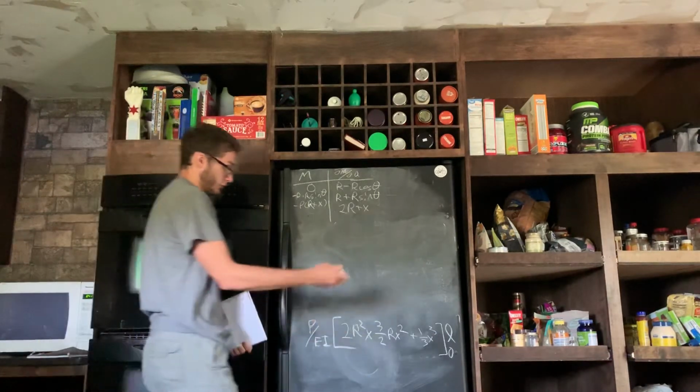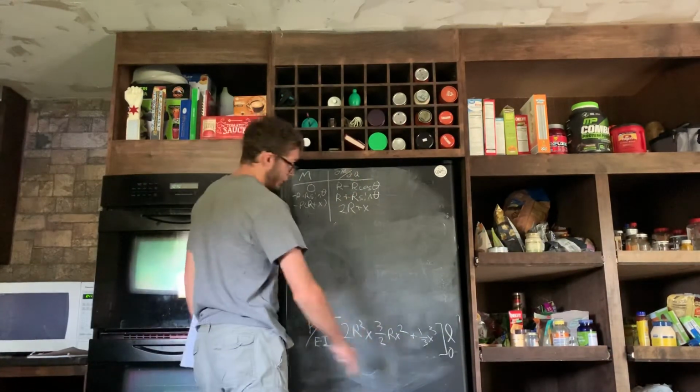So then once you plug in the 0 and L, obviously all of the zeros cancel, so you get nothing there but the L's.